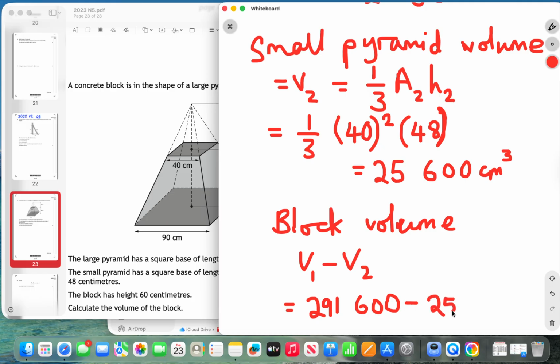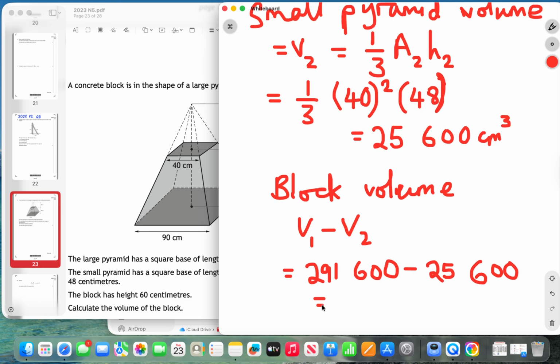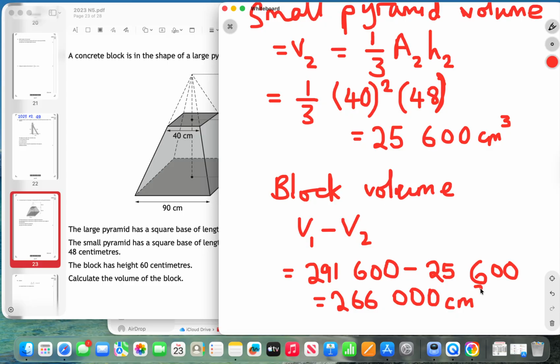You could do this without a calculator, but you have a calculator, so you don't want to lose silly marks by thinking you can do something in your head and you can't. And that's 266,000 centimeters cubed. No guidance on rounding, so I think this is okay. We'll leave it as that.